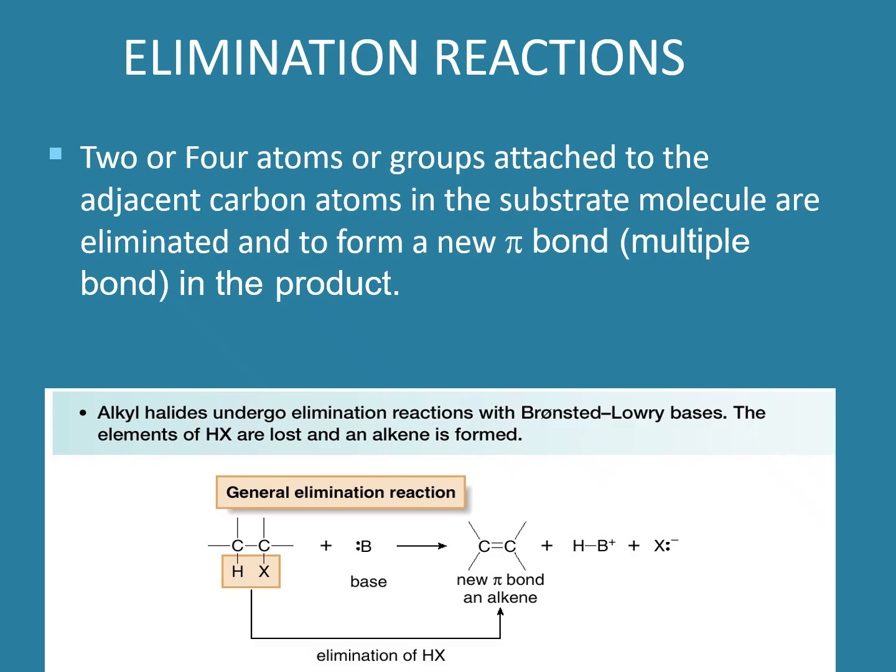They are the compounds which accept protons, H+, not hydrogen atoms. The alkyl halides react with a Bronsted-Lowry base and form a new pi bond, an alkene, and HX is lost from the substrate molecule.